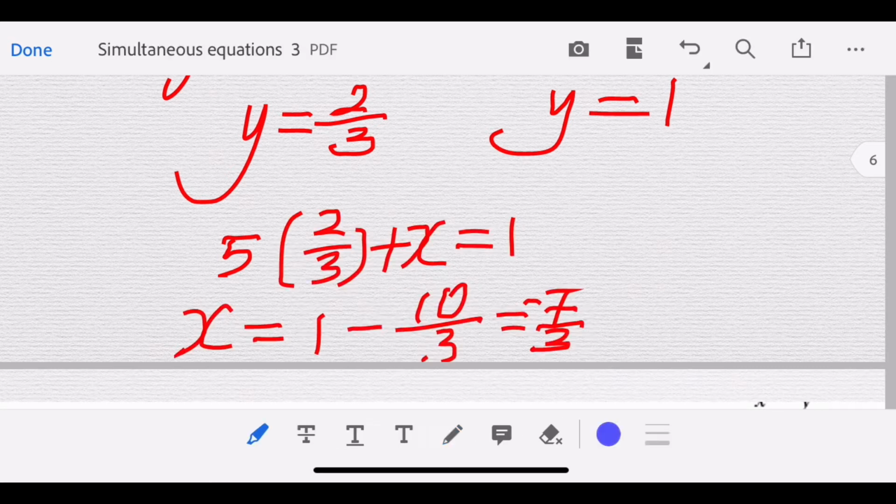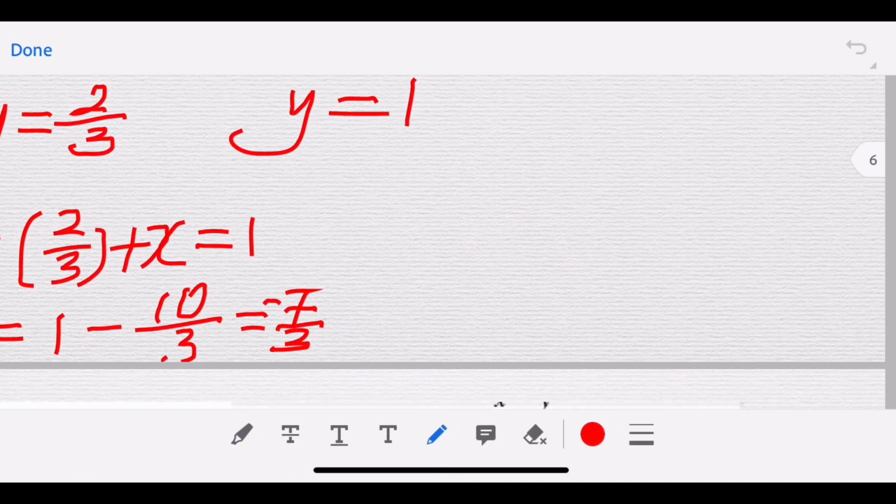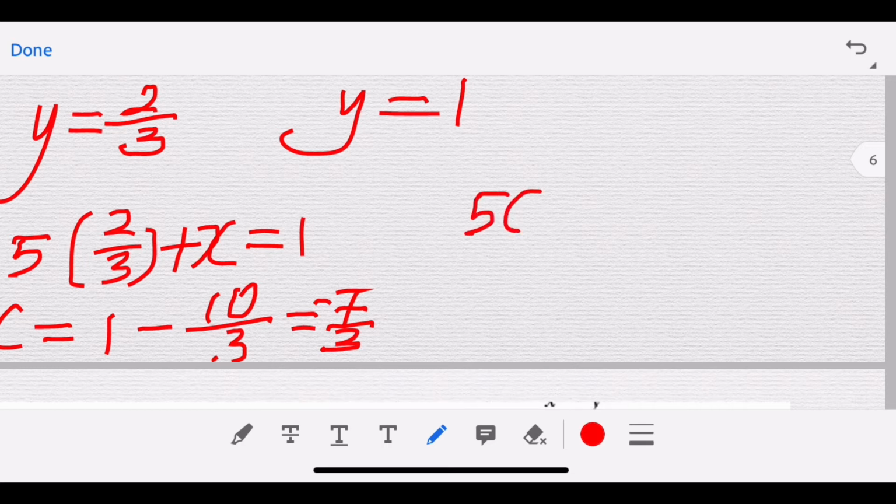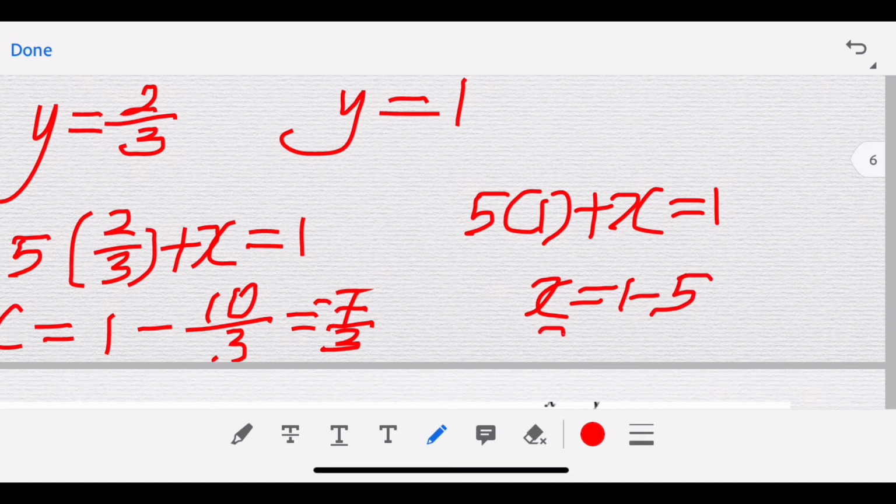And for the other value, 5 times 1 plus x equal to 1, so x will be 1 minus 5, which is negative 4.